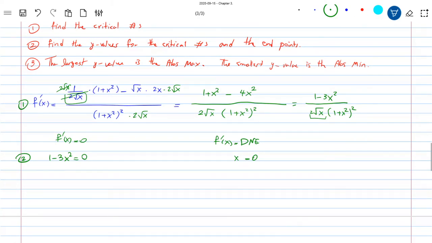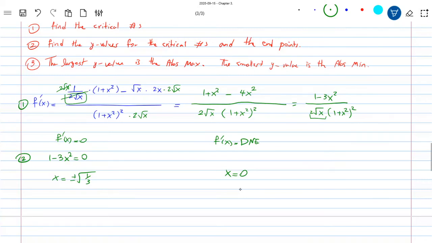Okay, so where the derivative equals 0, add 3, divide by 3, subtract 1 divided by 3 and take a square root. So x would be plus or minus square root of 1/3. These are the critical numbers, x equals 0 and x equals plus or minus square root of 1/3.